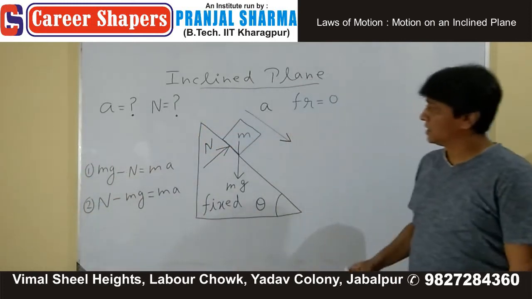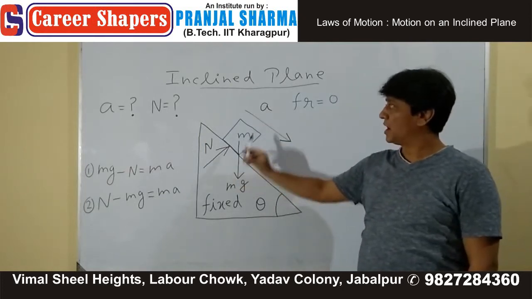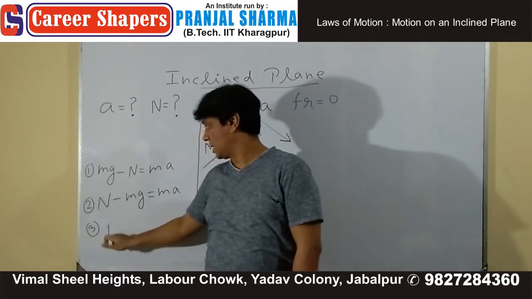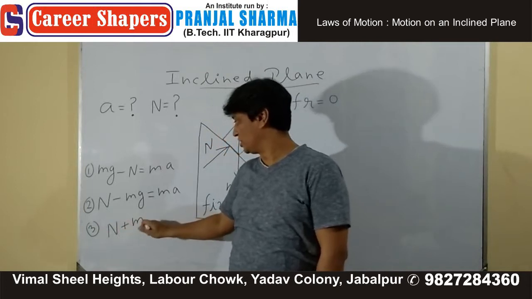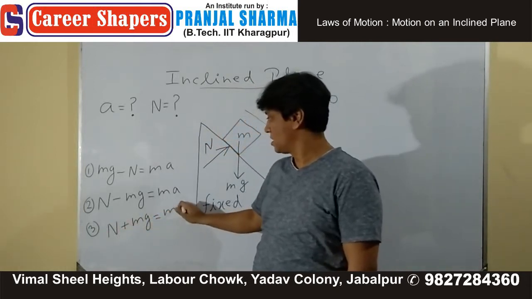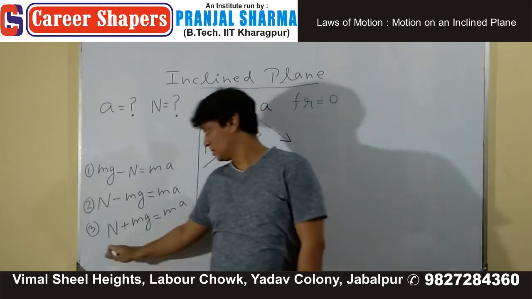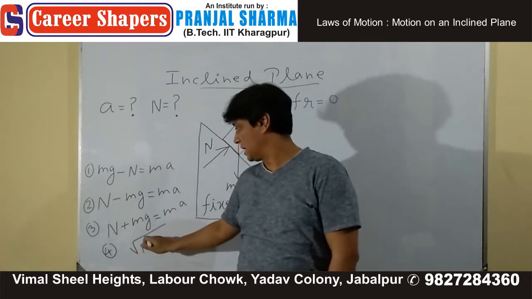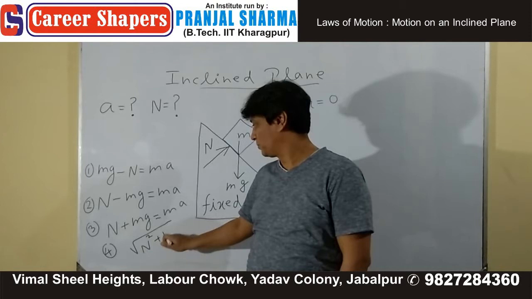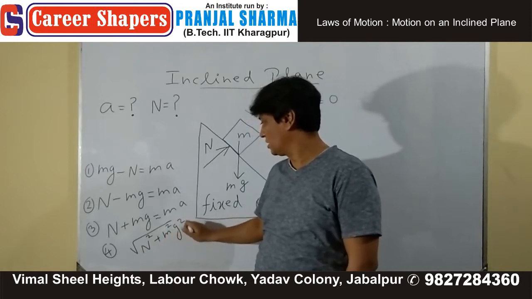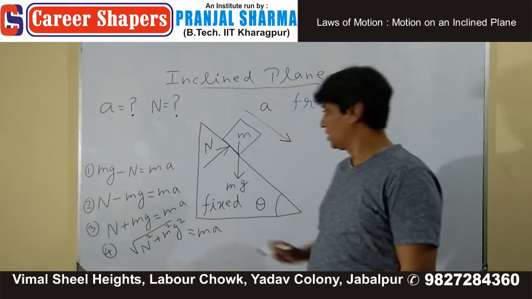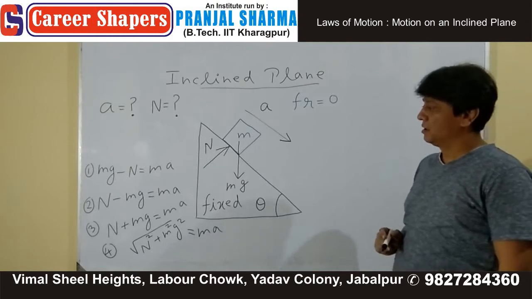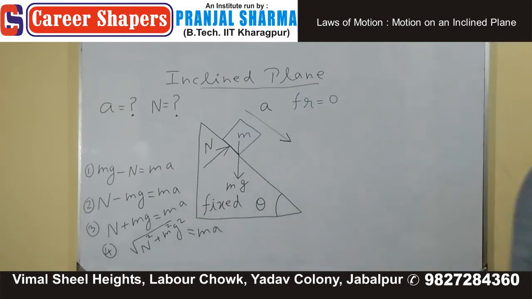Or the third, N plus Mg, or the fourth, which is root over N square plus M square G square equals Ma. Which one is correct? First, second, third, fourth.